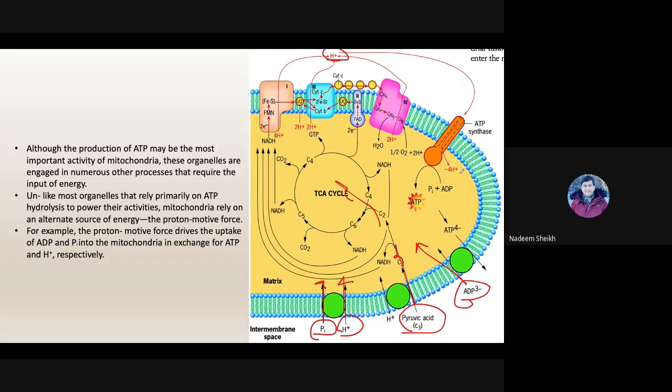They are coming back to the matrix through ATP synthase, जिसको F1 particle का नाम दिया गया, and then ATPs are produced, and then these ATPs, they are going out of the mitochondria. So keep in mind one thing, the mitochondrial membrane or the ATPs which are produced, they are not only the sole function of the mitochondria, बल्कि अगर इसको देखा जाए, mitochondria has to perform other functions as well.